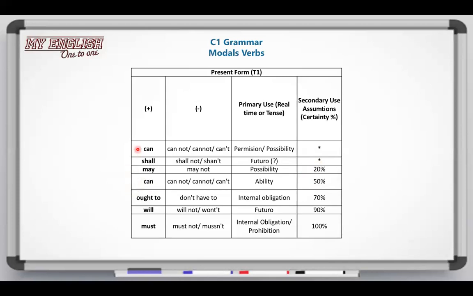Can, as you see, is apparently a repetition of the verb can, but this is for ability. Again, we have can in positive, cannot or can't for negative. And this one has a secondary use. It has a 50% certainty.